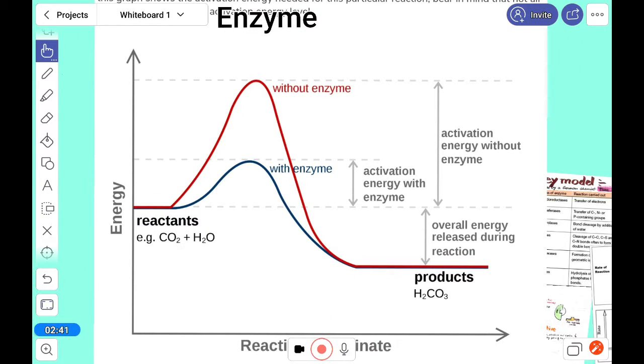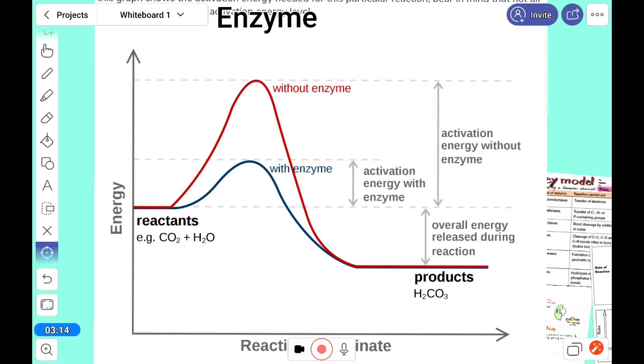Look here. This is the reactant, the same carbon dioxide and water, and this is the product. Energy level one is initially high and the product is lower. Without enzyme, the activation energy needed for starting is much higher.